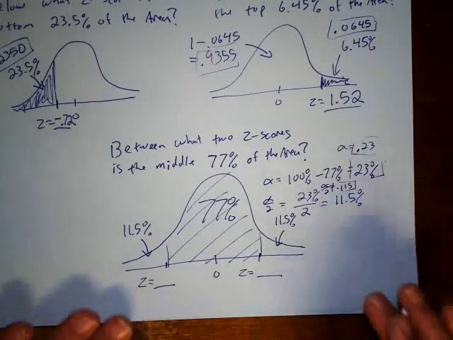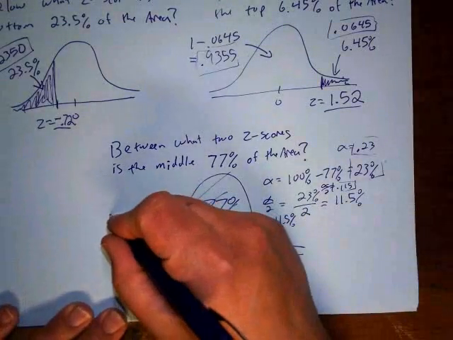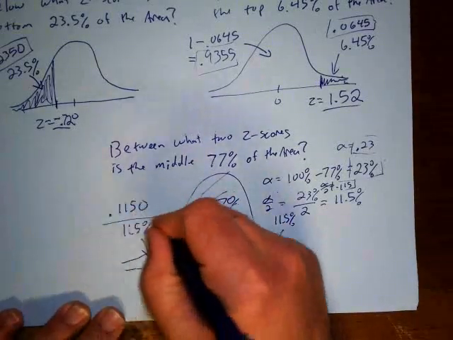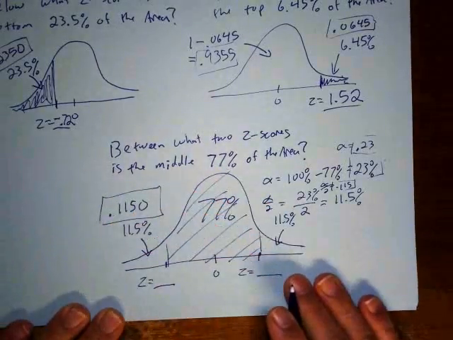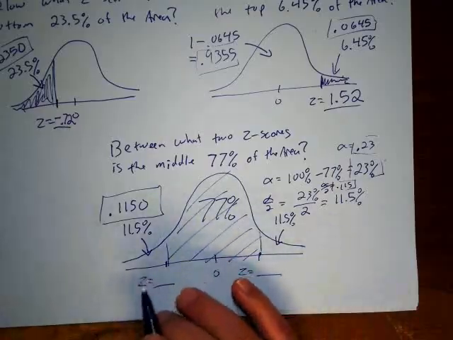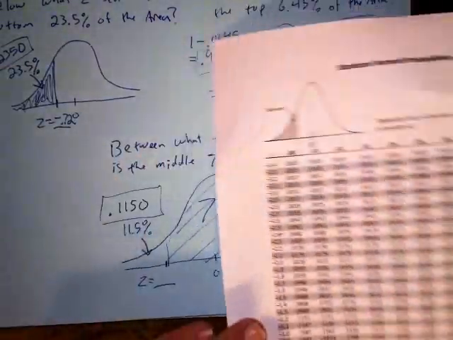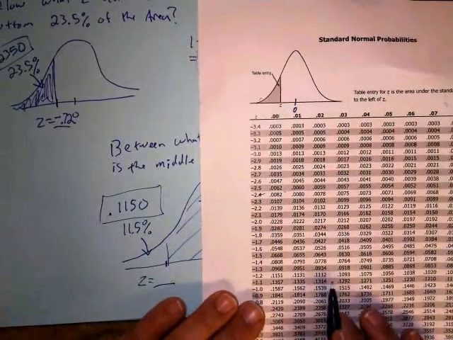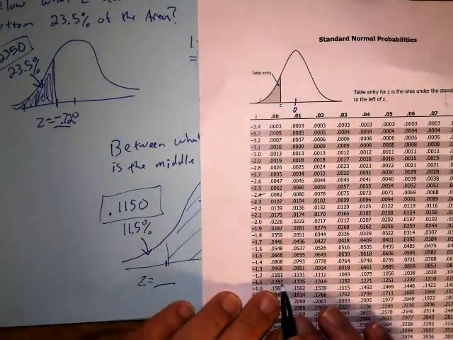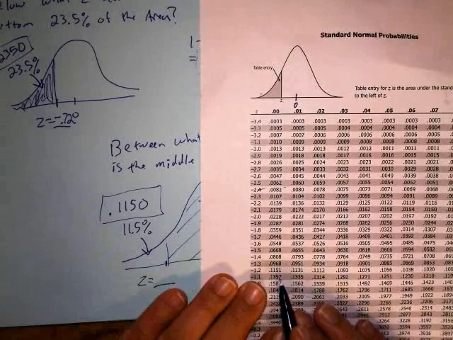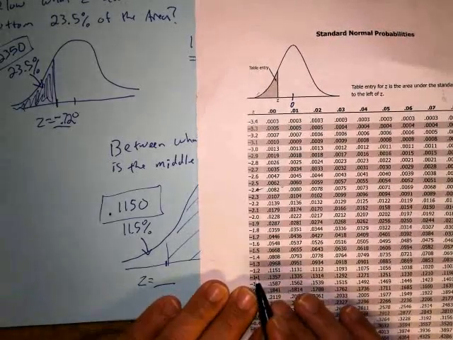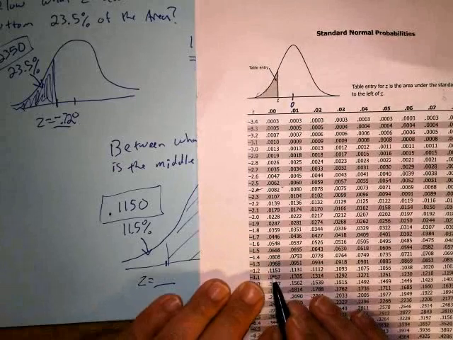Okay, so let's finish this out. I need to make this into a 4-digit decimal number. So I get 0.1150. And I'm going to look this up on the negative side of the table. Okay, so look up over here. And I see 0.1151. That one comes the closest, and that corresponds to negative 1.2.